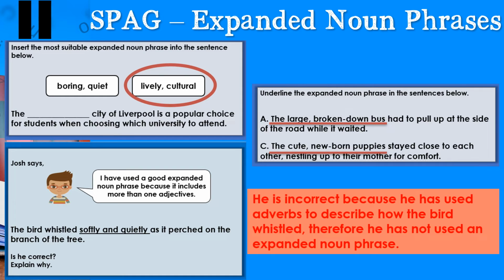Josh is incorrect. He has not used a good expanded noun phrase because it involves more than one adjective. Actually, he's used softly and quietly. They are not adjectives. They are adverbs because they're describing how the bird whistled, so they're describing the verb, not a noun. So they are adverbs.